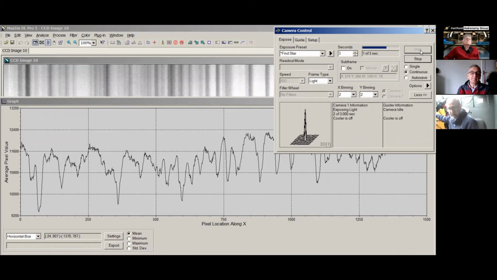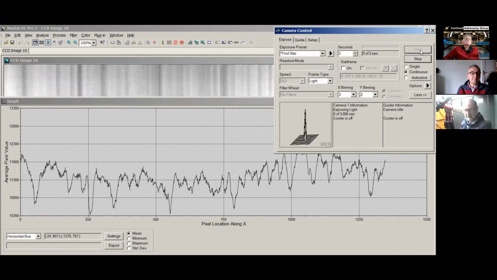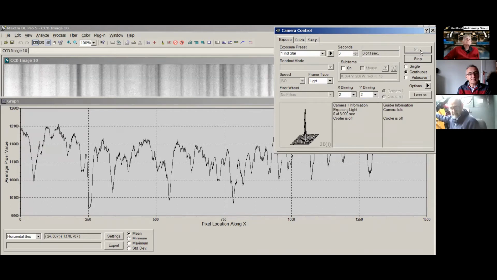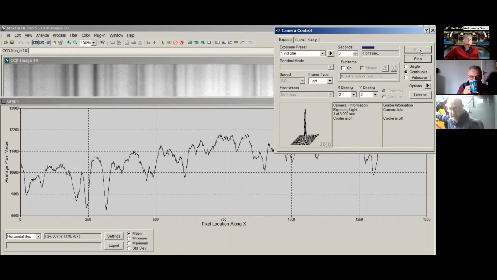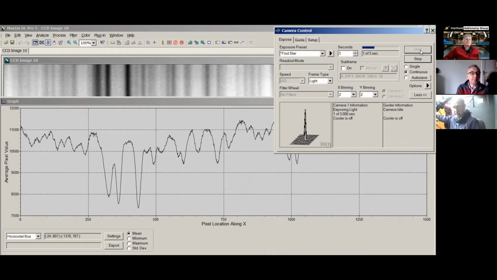Keep moving it. I think this is it here, yeah. Right. See if I can get that nice and central. There we go.